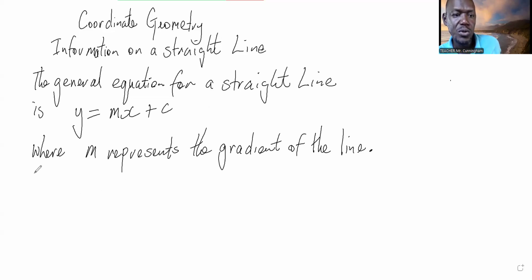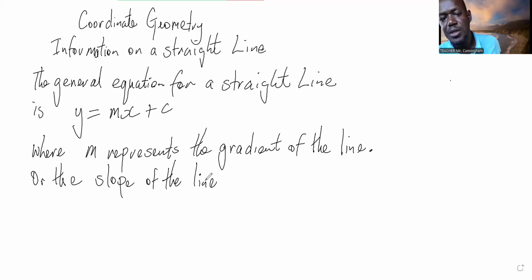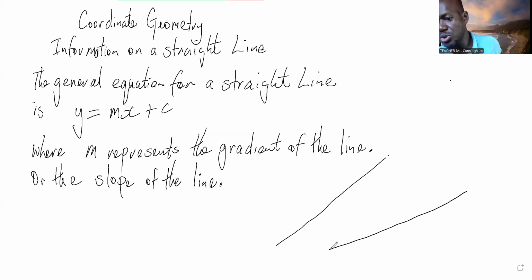Or the slope of the line. Now teachers would just say slope, but people never explained to me what that meant. Slope or gradient means how much the line is slanted.